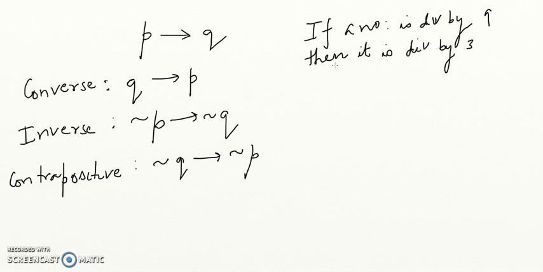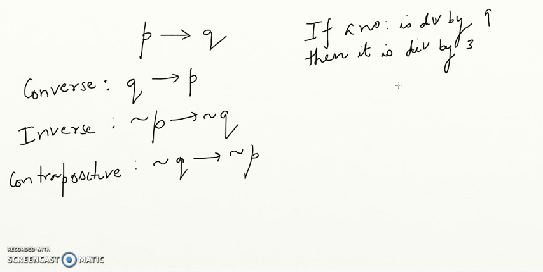Let's say this is a statement which is if P then Q. Then the converse of this statement will sound like if the number is divisible by 3, then it will be divisible by 9. Now, as I say this, try to ask yourself, is the converse true if your P implies Q is true? So think about this.